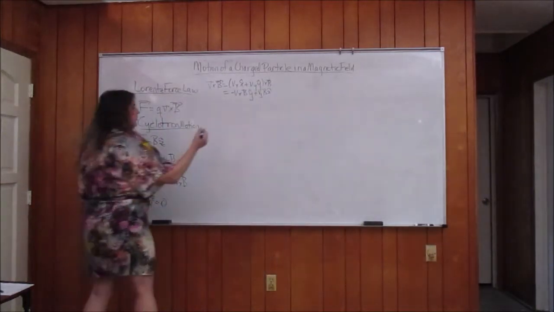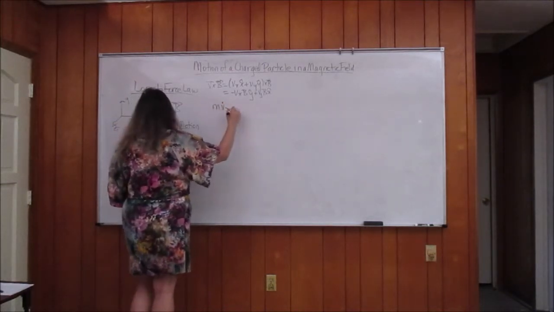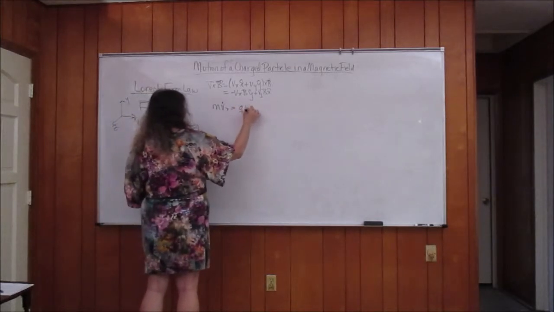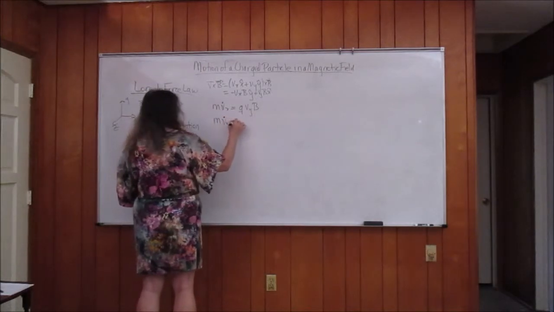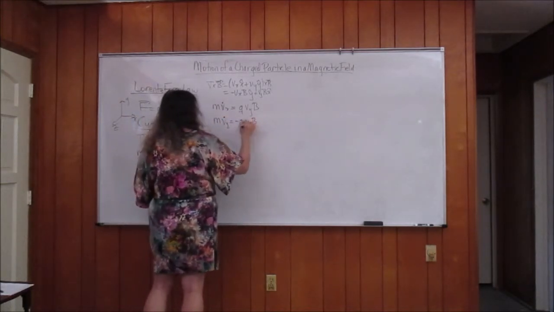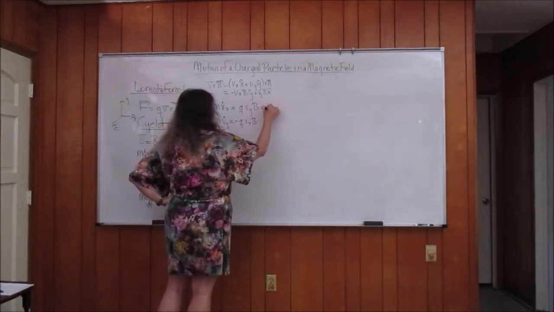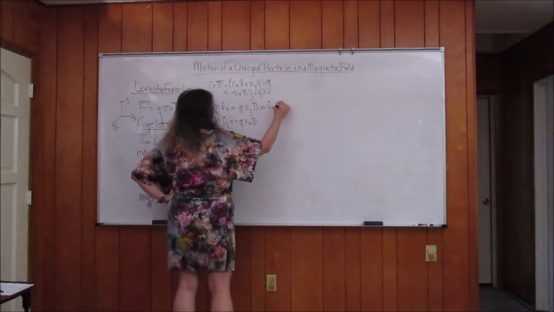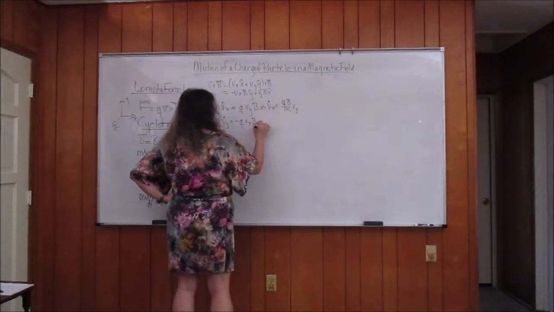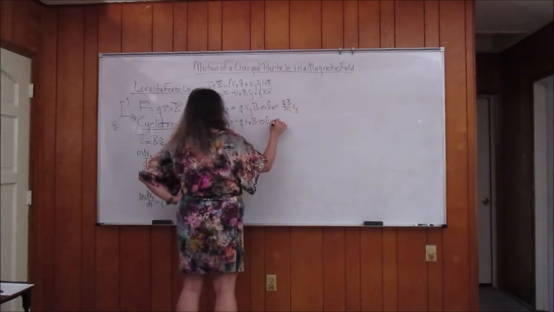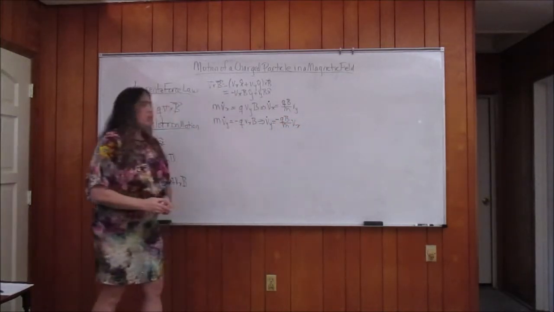I'm going to rewrite these to make the notation a little more convenient. If I divide both sides through by mass, I have a set of coupled equations.